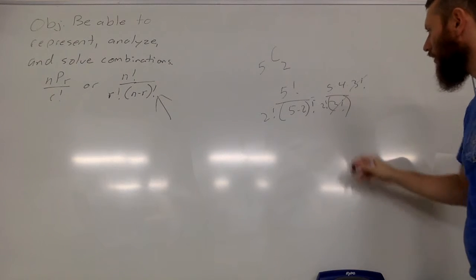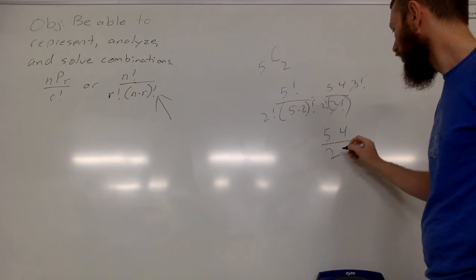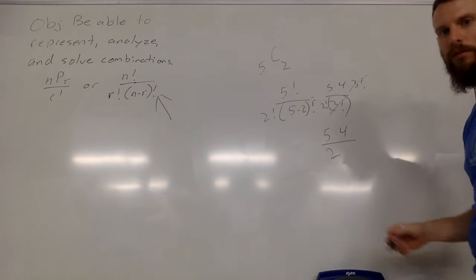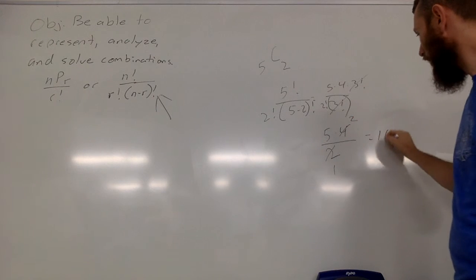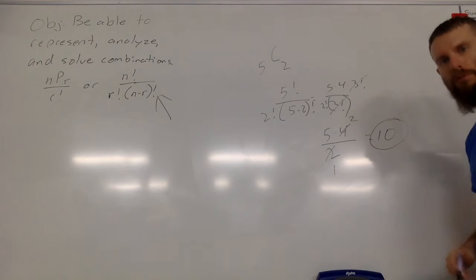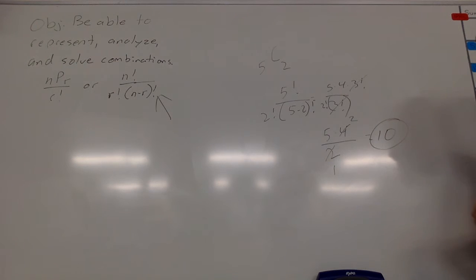That cancels, and I get 5 times 4 over 2 factorial, and 2 factorial is 2 times 1. You can cancel that 1 and that 2, and I'm left with 10. So if I have 5 choices, and I need to pick 2 different colors, there's 10 different color combinations that I can choose. Again, if the order doesn't matter.